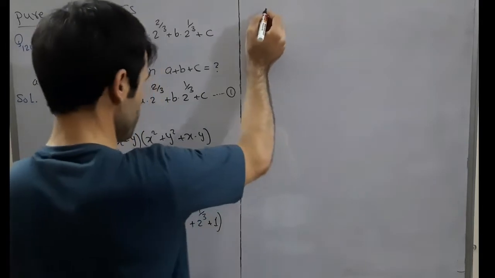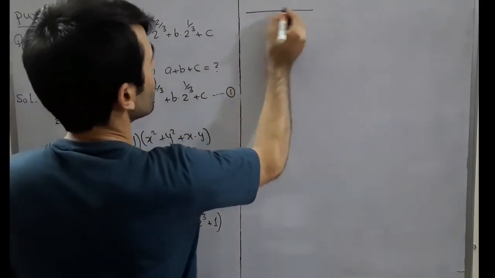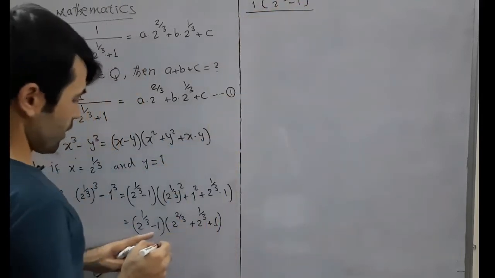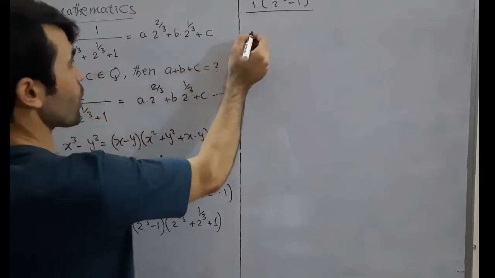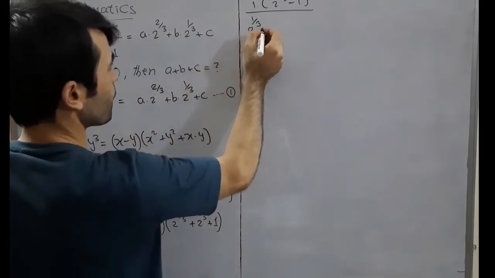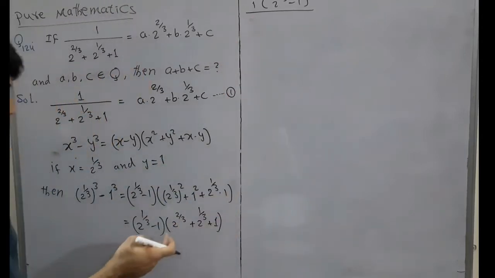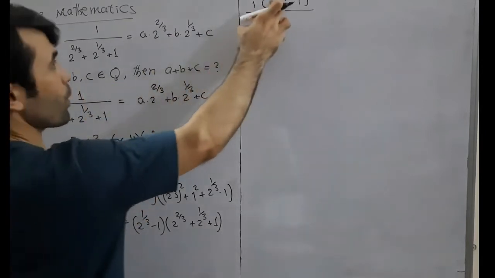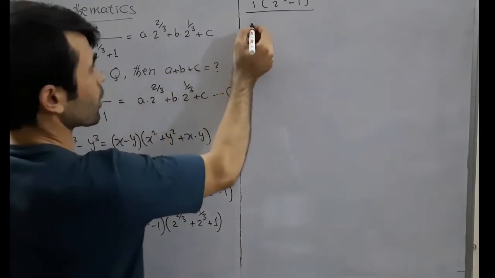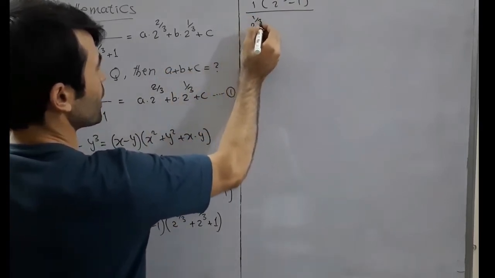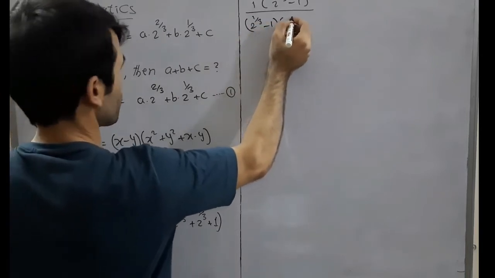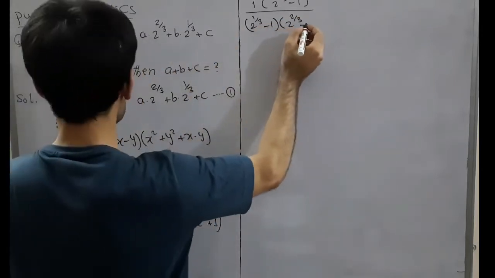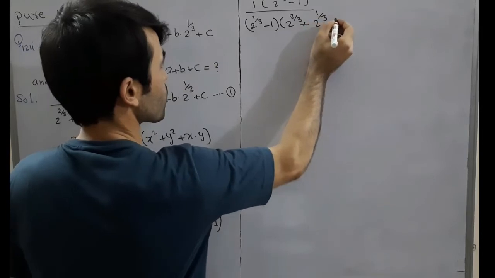We can get 1 multiplied by (2 to the power 1 over 3 minus 1) over the denominator, which is (2 to the power 1 over 3 minus 1) times (2 to the power 2 over 3 plus 2 to the power 1 over 3 plus 1).